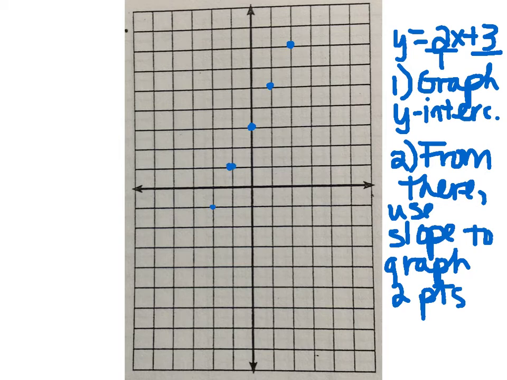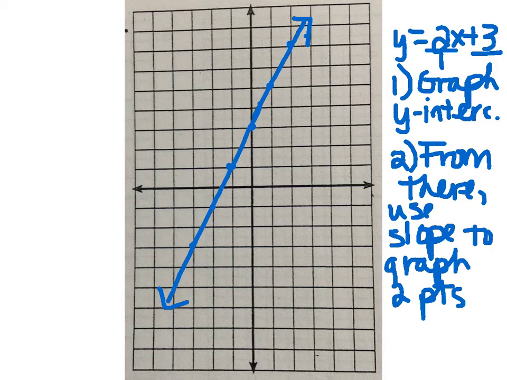And I also want to use my common sense and say, okay, does this line look like what the lines are supposed to look like? Is it positive? Does it seem about the right steepness? Now, this particular thing does not let me use a straight edge too much, so I'm doing my best here to draw a straight line, and there is my graph.